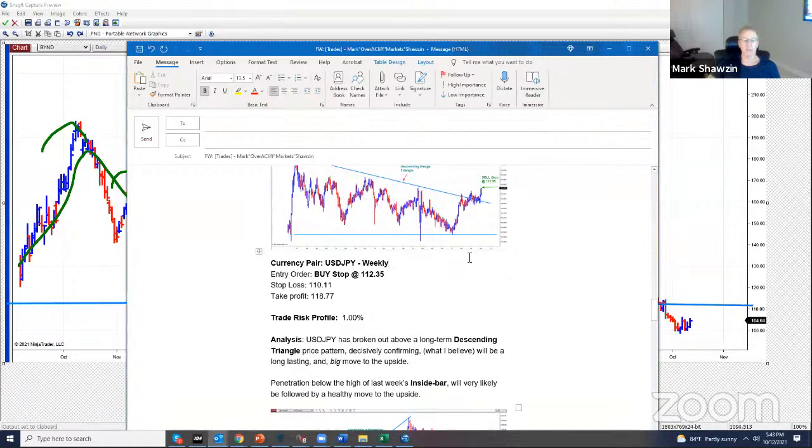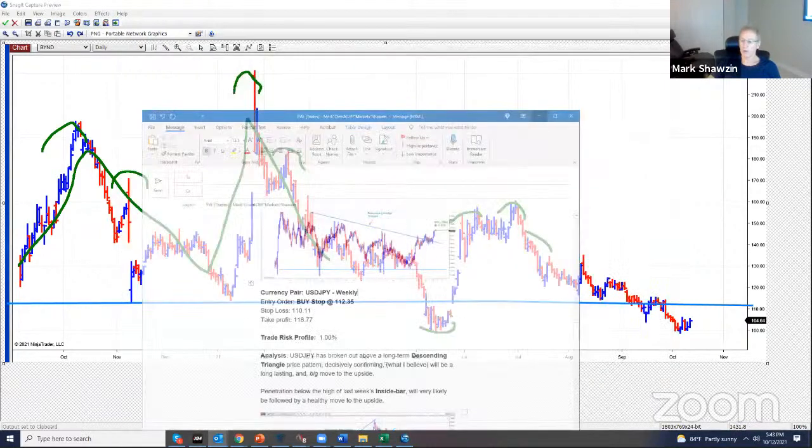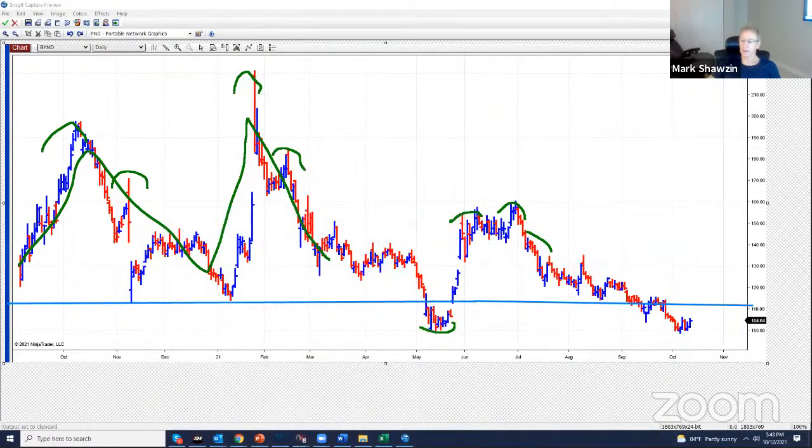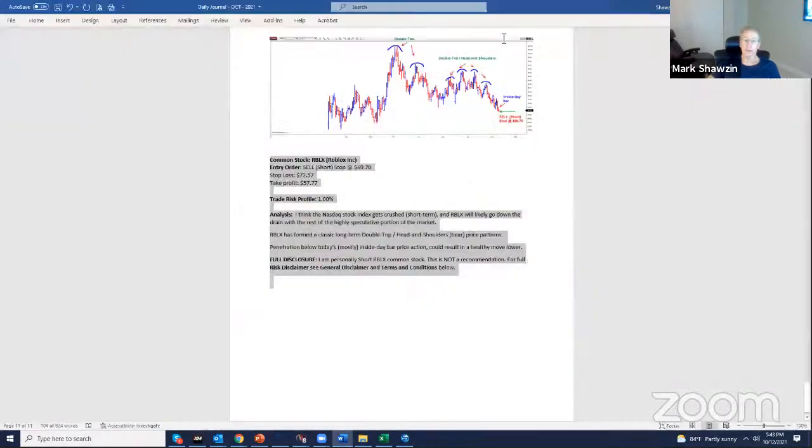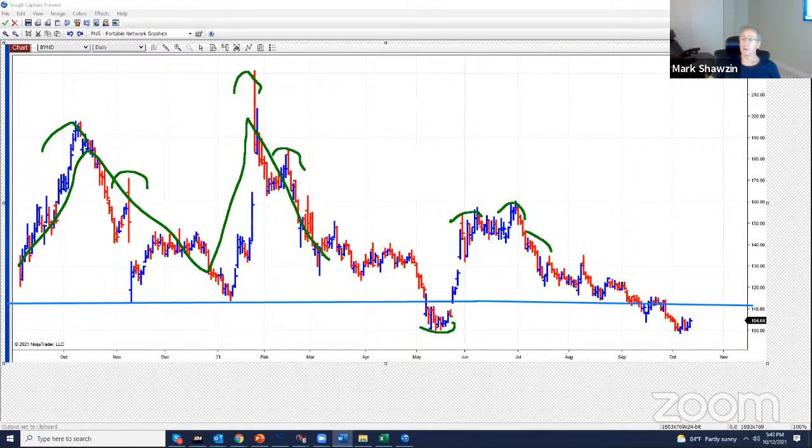So you could cancel it the following Friday if you felt like doing that. And I've had many trades where, let me go and find a trade for the yen where I put it on a Sunday and it got triggered by the following Wednesday. And here's a good example of that.